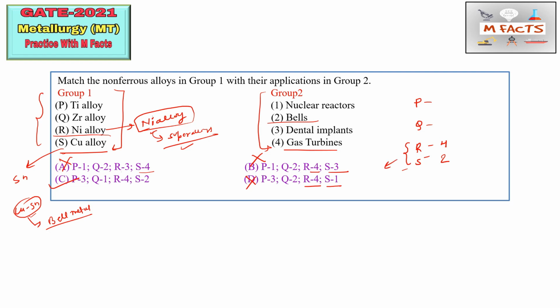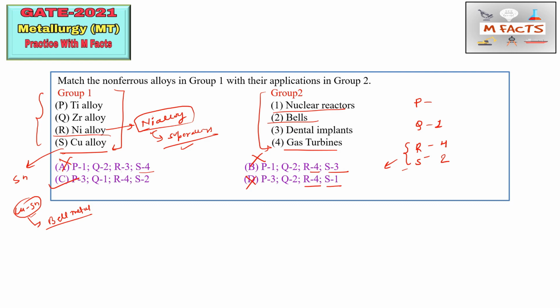Okay, suppose you don't know about the other two elements in group first. Okay, suppose if we know, you can go through the previous route. So zirconium alloys are basically used for nuclear reactors. Okay, so zirconium alloys, Q you can match by 1. Okay, next one is titanium alloys.